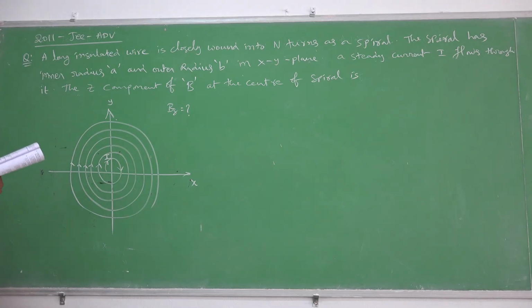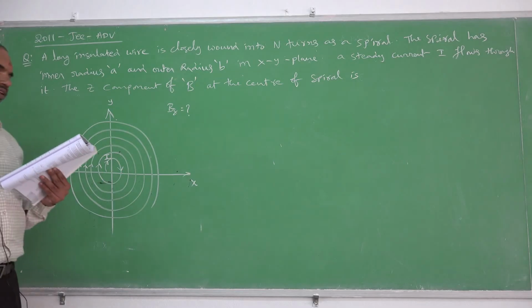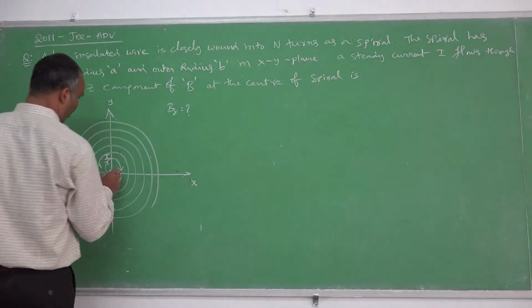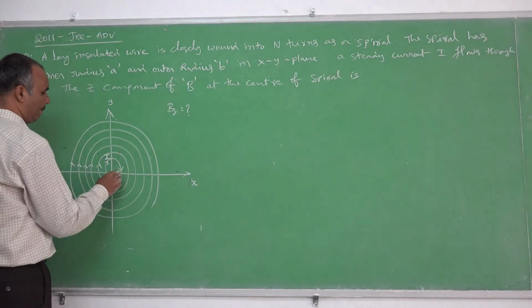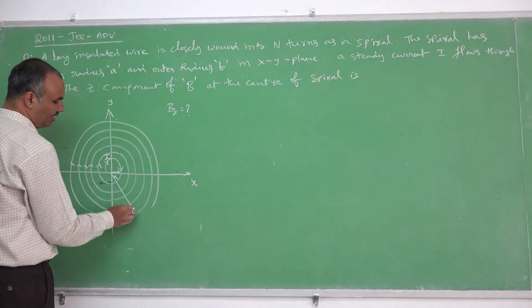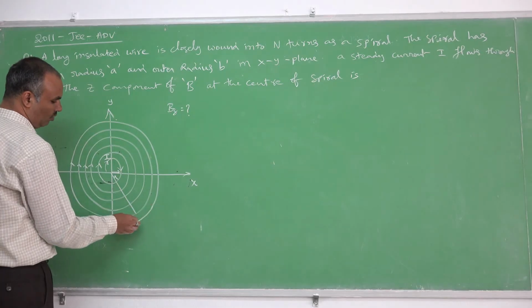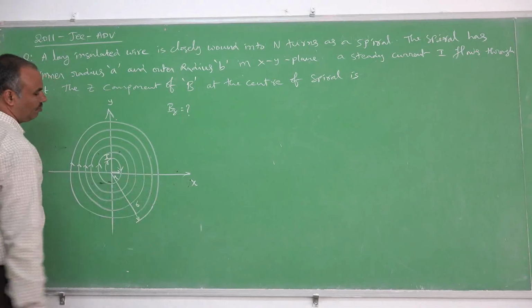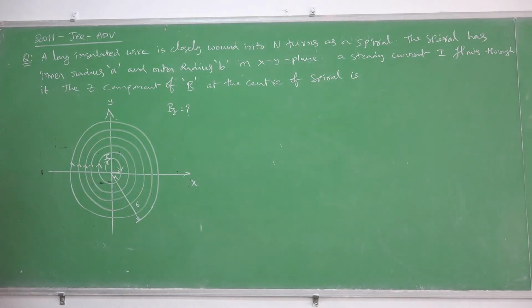Options are given. I am not writing the options here; simply I will give the solution. You are given that the inner radius is A, the outer radius is B. So totally there are n turns.